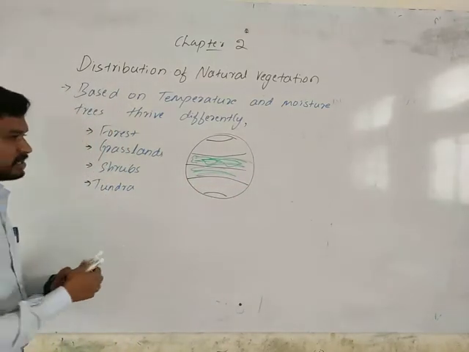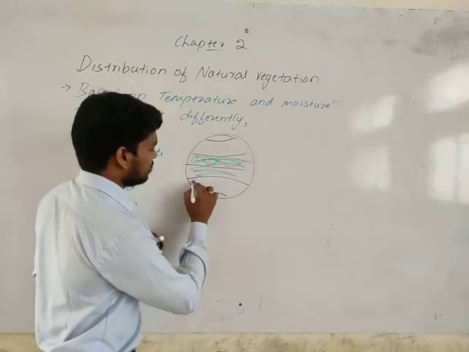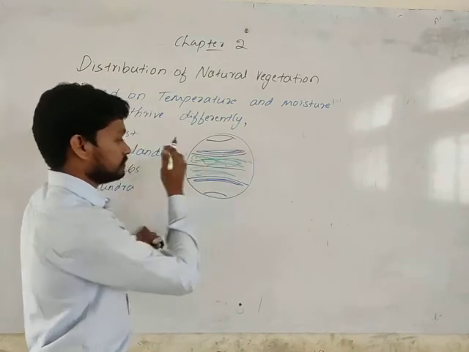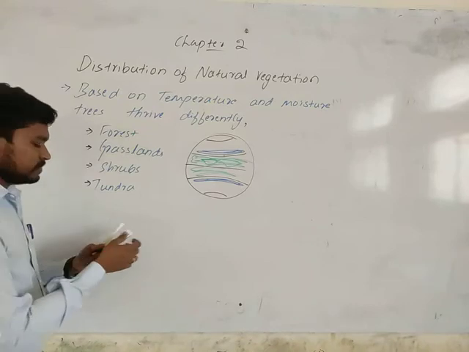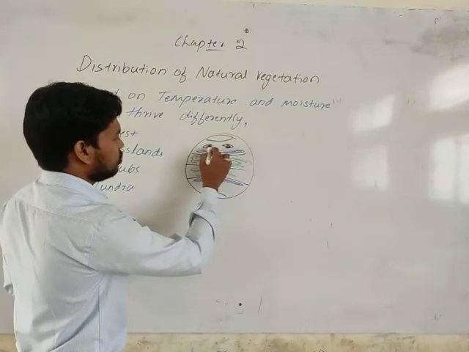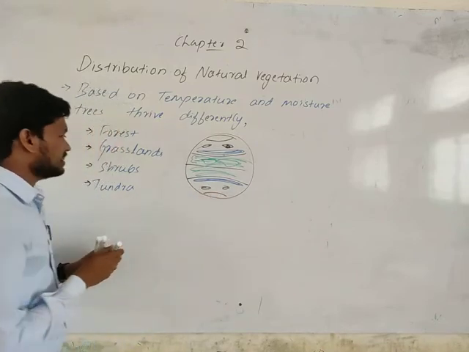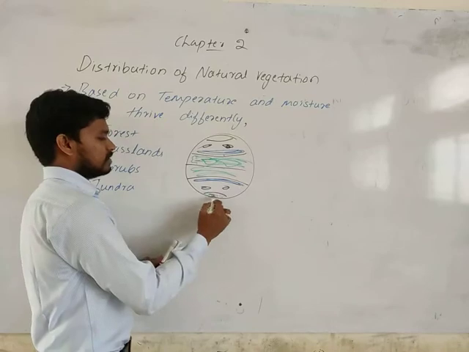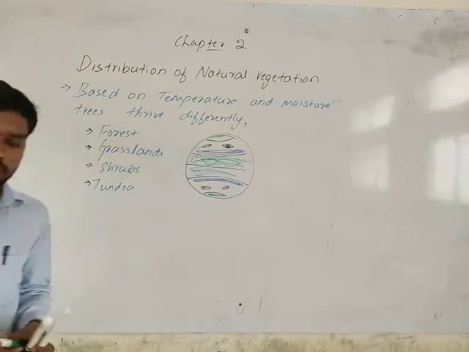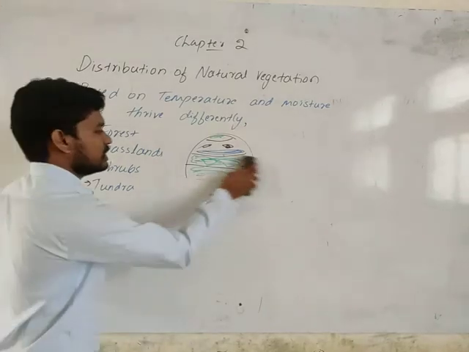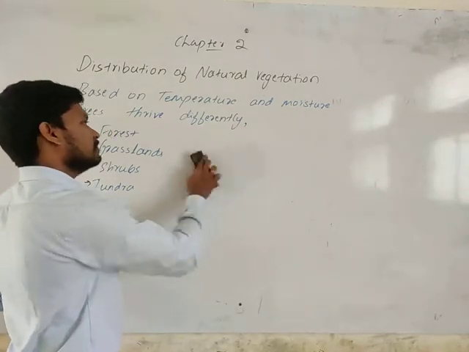Then the grasslands are found somewhat near the Tropic of Capricorn and Tropic of Cancer, and shrubs as well. As it goes towards the northern and southern poles, we see tundra vegetation, and finally we get tundra vegetation at both poles. So this distribution of natural vegetation is based on the availability of temperature and moisture.